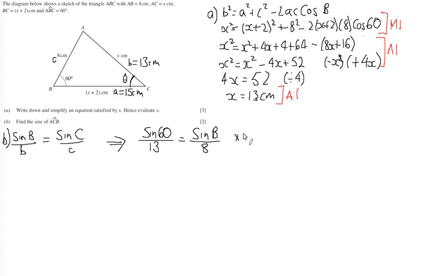And I multiply both sides by 8 to get rid of this denominator here. So I'm going to get 8 sine 60 over 13 equals sine C.